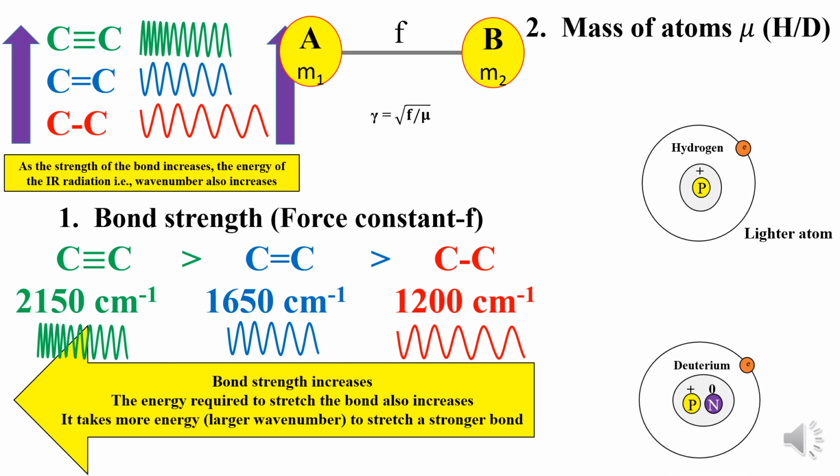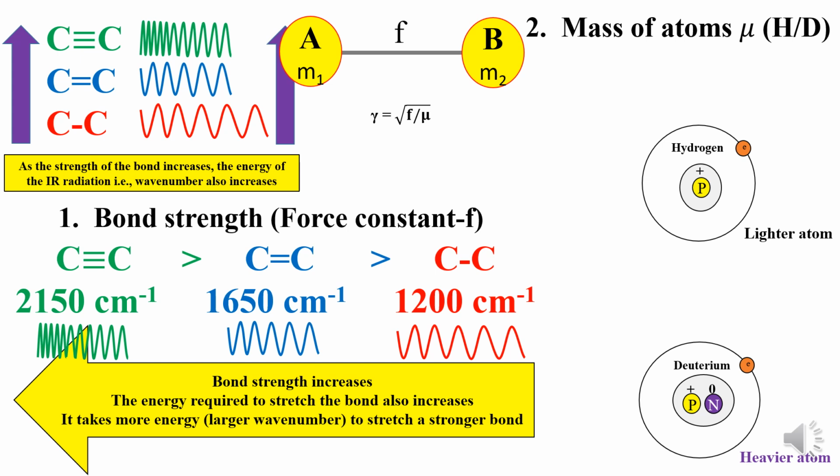What about the deuterium atom? Deuterium is an isotope of hydrogen. It has a central nucleus that contains one positively charged proton and one electrically neutral neutron, with a negatively charged electron orbiting around the nucleus in its respective shell or energy level. So it is a heavier atom as compared to hydrogen.